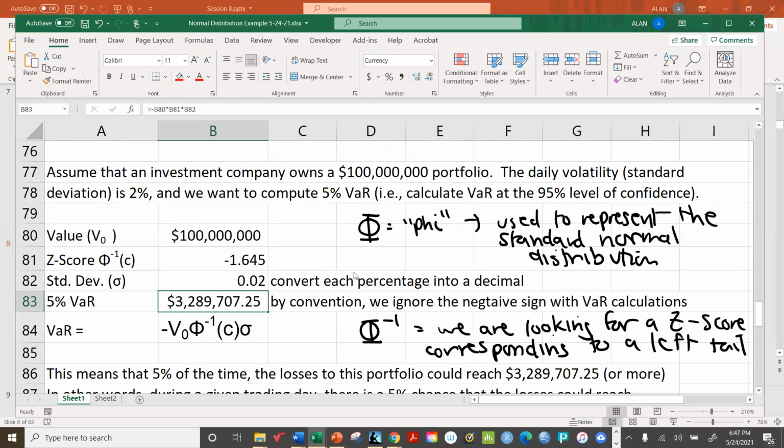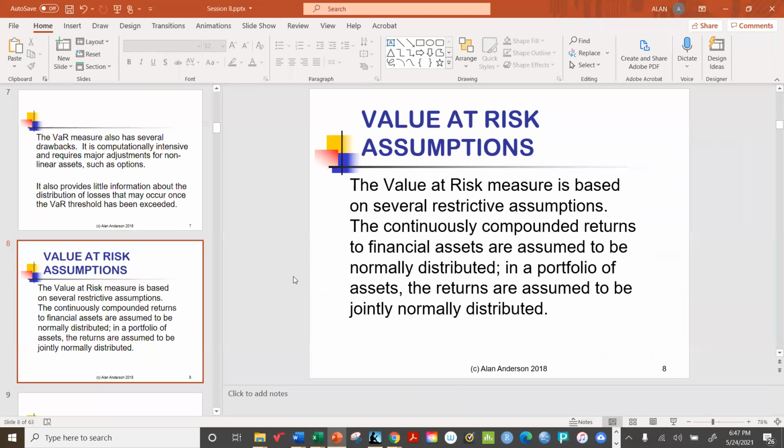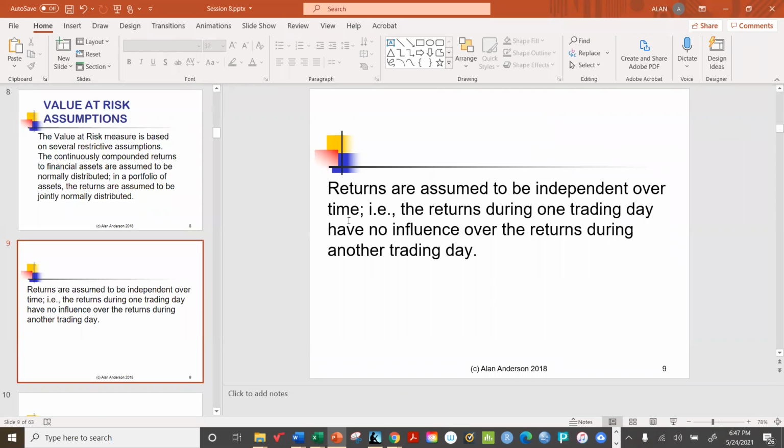All right, now let's get back to this for a second. I just want to mention a few of the important assumptions of value at risk. You notice that we're assuming normality for the returns to the assets in our portfolio. That's a reasonable assumption, although not perfect. Returns are close to normal, although maybe not perfectly so.